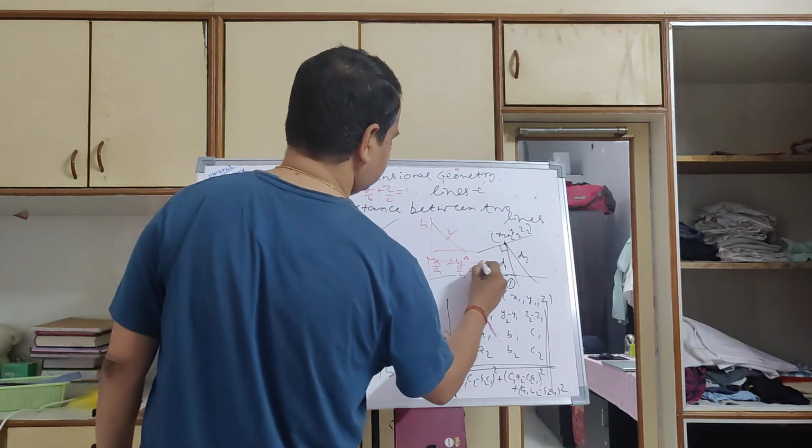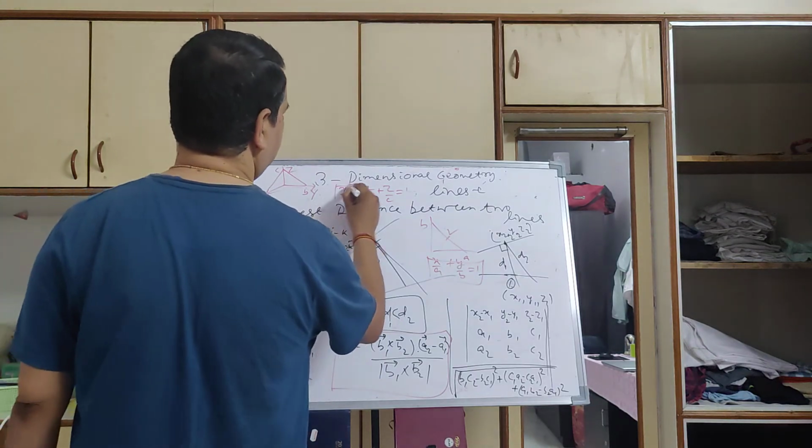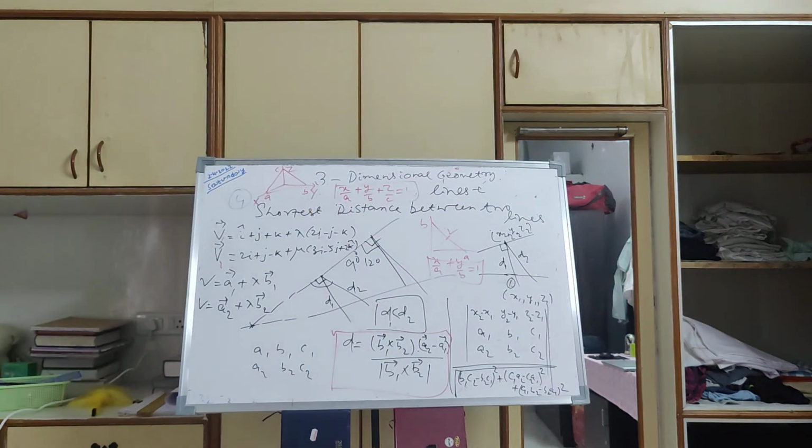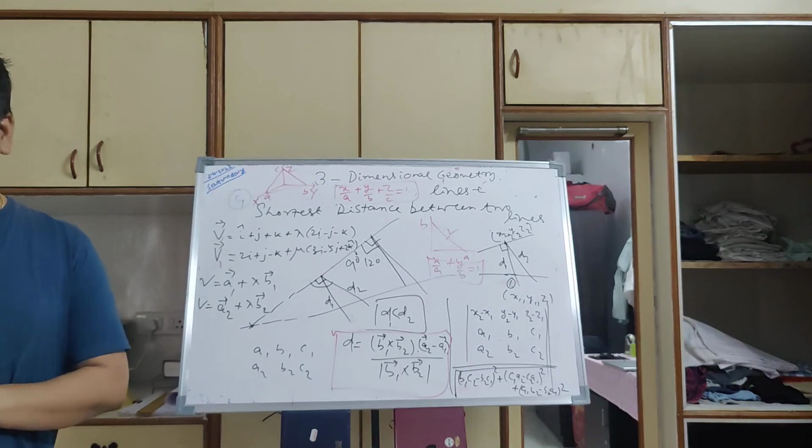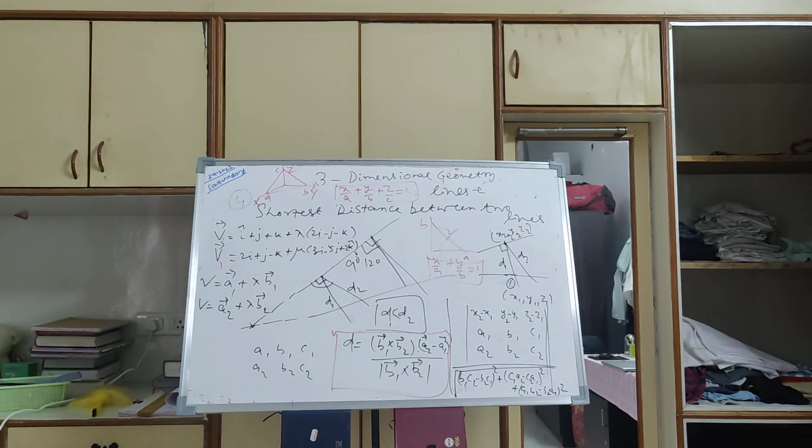Earlier it was x by A plus y by B is equal to 1, the equation of a line. Now it is this, which becomes the equation of a plane. So this is in 3D geometry, how to write an equation of a plane in intercept form. This is called intercept form.